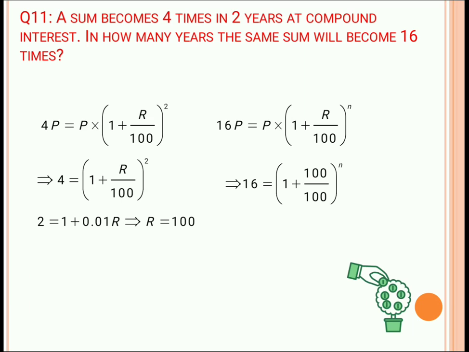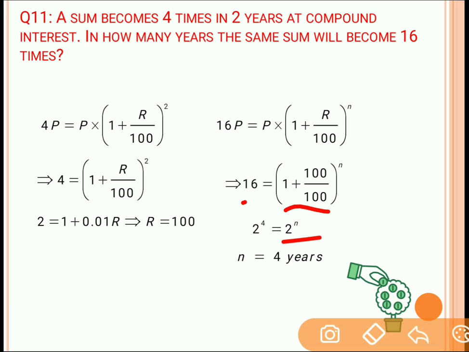Now using the value of r in this equation, you will get 16 is equal to 1 plus 100 by 100, which is nothing but 1 raised to n. So this value is nothing but 2 raised to n. Now 16 can be written as 2 raised to 4 so as to get the value of n. Now comparing the power of 2, you will get n is equal to 4 years. So after 4 years, the same sum becomes 16 times at same rate of interest.